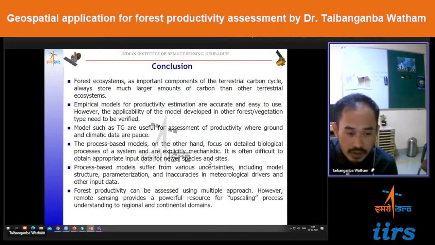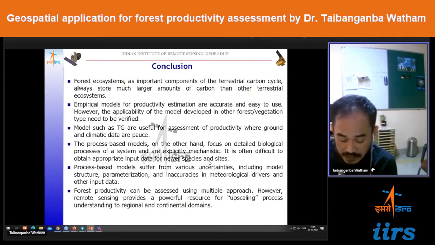Then in the case of process-based models, they try to capture the explicit processes which are actually taking place in the ecosystem. But often it is difficult to obtain the proper input data which is required, particularly if you have to do it for a new forest type or a particular locality, or if you want a very precise estimate for Indian forest conditions.